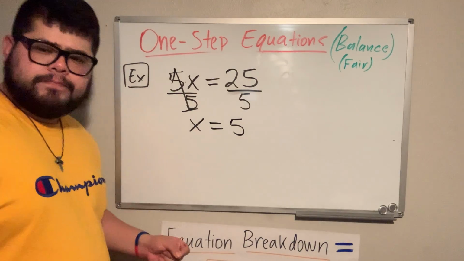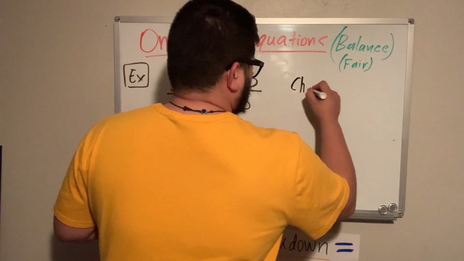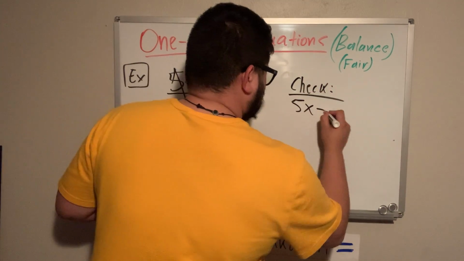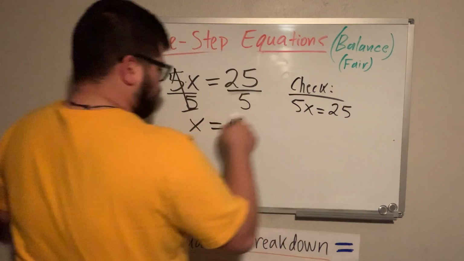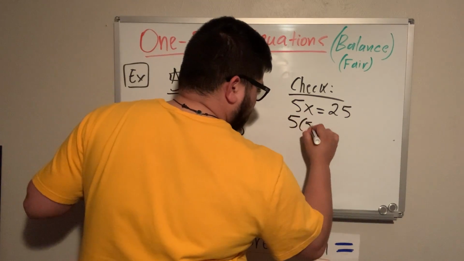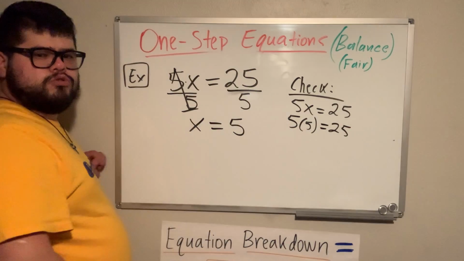But what do we have to do? Check, right? We have to check. So check, write your original equation. We got 5x equals 25. We're going to substitute 5 right here. I'm going to do it in parentheses. If we get a true statement, this is our solution.